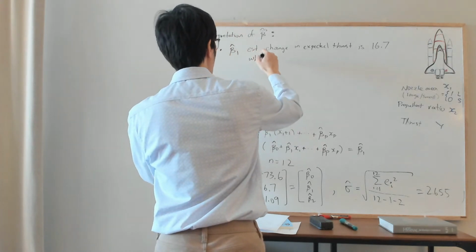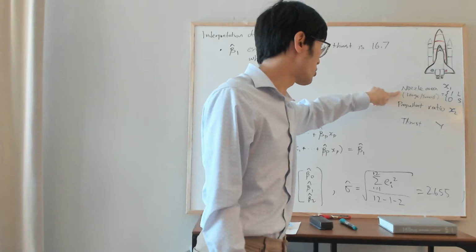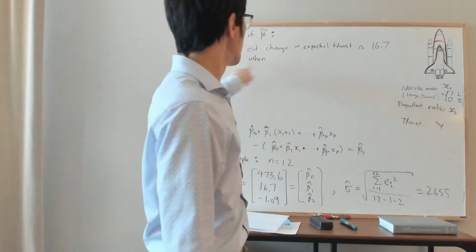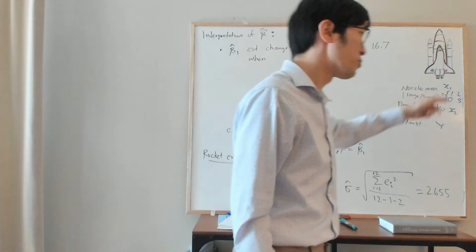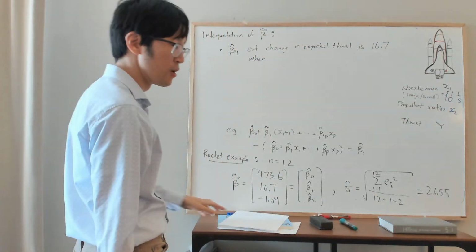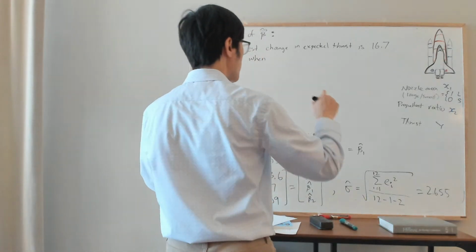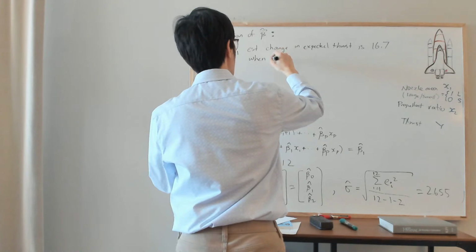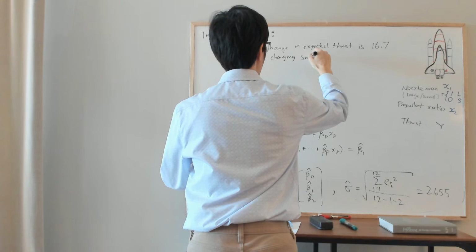What changes in this case? Beta 1 is associated with x1, so this is the expected change when you go from a small nozzle to a large one. Make sure we interpret it in the appropriate context: changing small to large.